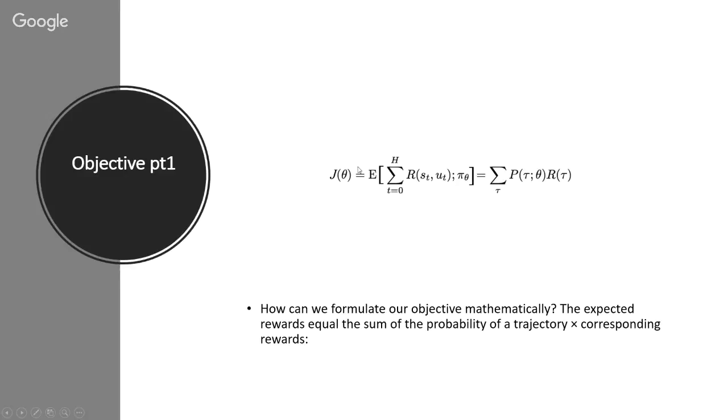So here's a formula. How can we formulate our objective mathematically? The expected reward equals the sum of the probability of a trajectory times the corresponding rewards.